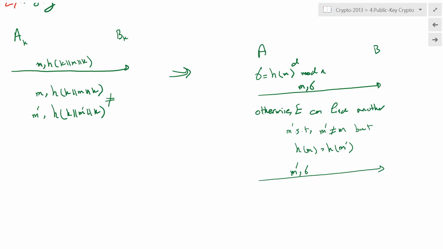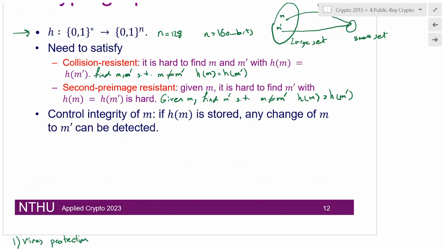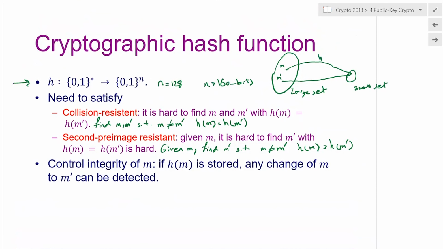So now you see why, when we designed the RSA digital signature, we said it is very important to make sure that we use a cryptographic hash function. So these are the definitions of what we want from a cryptographic hash function. These two properties happen to be very important.